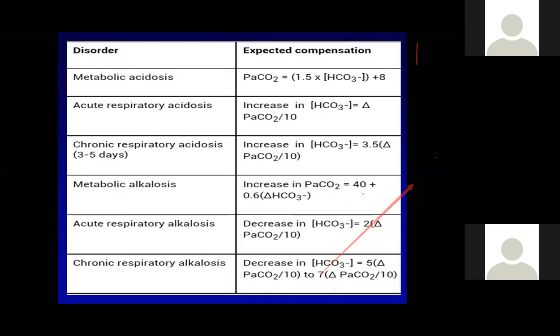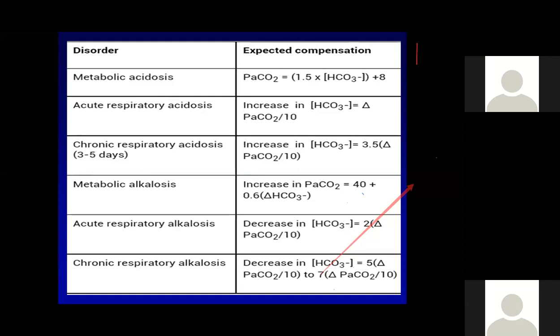So this is the disorder and what your expected compensation is, in case of metabolic acidosis, acute respiratory acidosis, chronic respiratory acidosis, metabolic alkalosis, acute respiratory alkalosis or chronic respiratory alkalosis. On the right hand side you can see the expected compensation which has to happen.